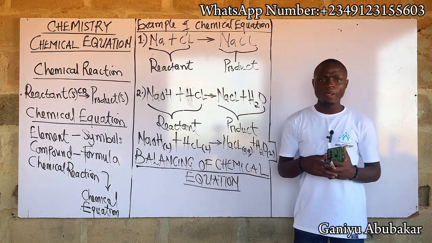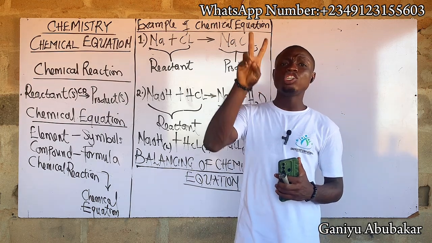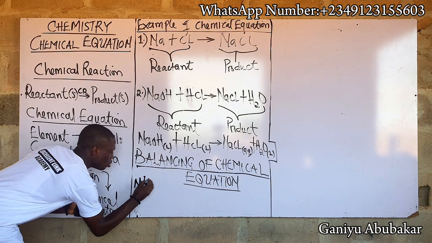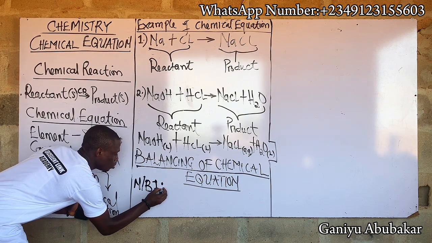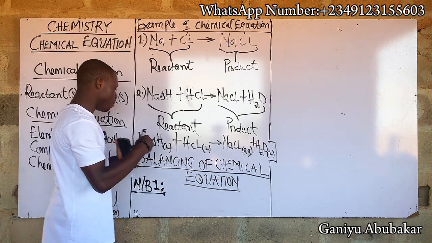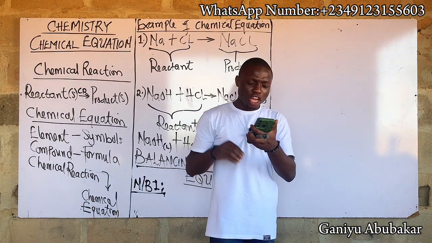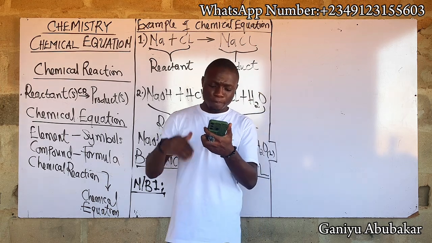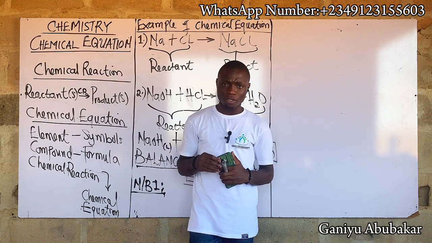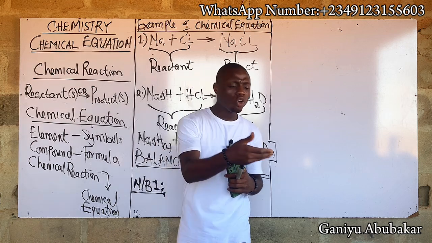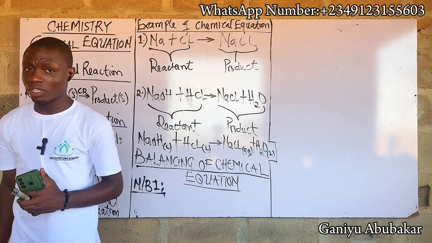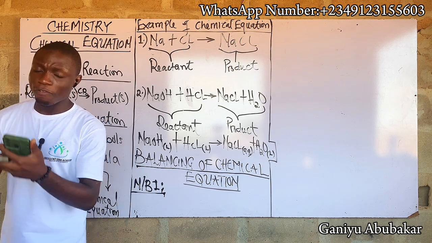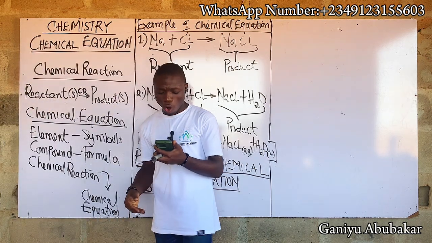All right, at this point, when it comes to balancing chemical equation, two things to note. Number one: equations are balanced by adding whole number coefficients before any element or compound.